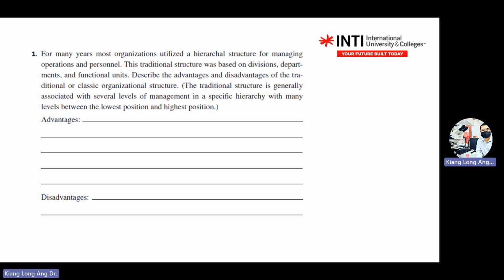Okay, so you bracket traditional structure associated with several levels of management in a specific hierarchy with many levels in between the lowest position and highest position. If you are asked to draw a diagram, you should be able to draw the diagram.